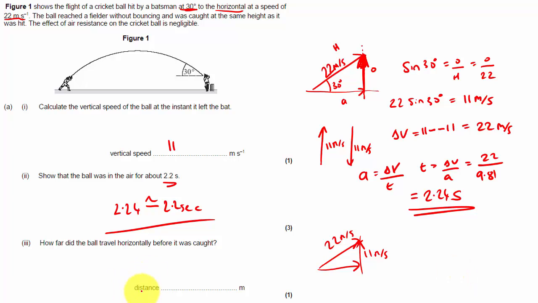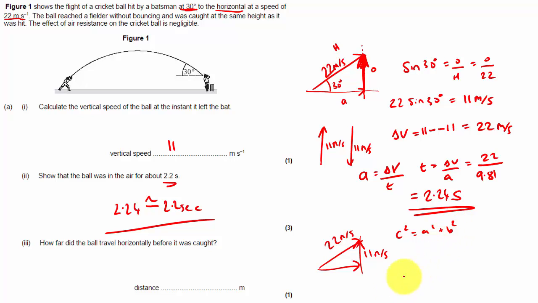Okay, so I need to know the horizontal component of velocity. I've got the vertical component of velocity, I have its actual initial velocity, I now need to get this here. This can be done by Pythagoras. Usually Pythagoras is c squared equals a squared plus b squared.